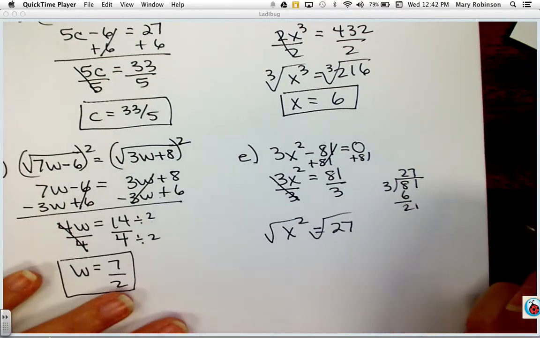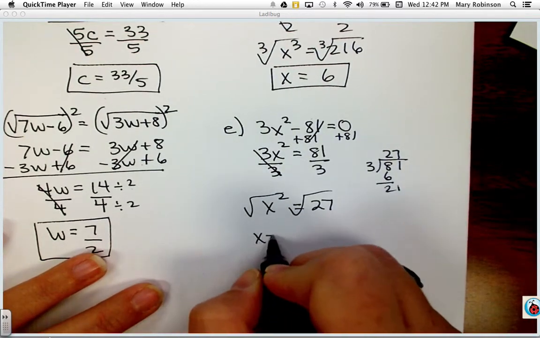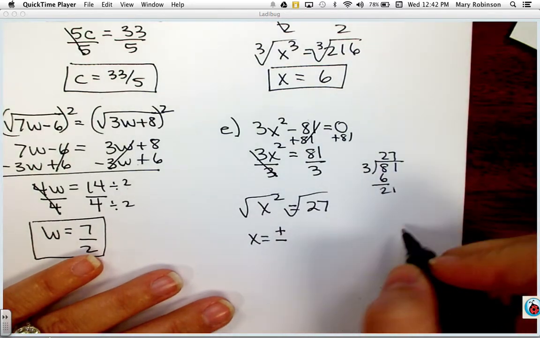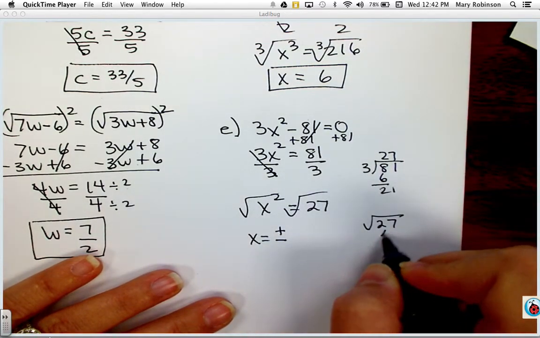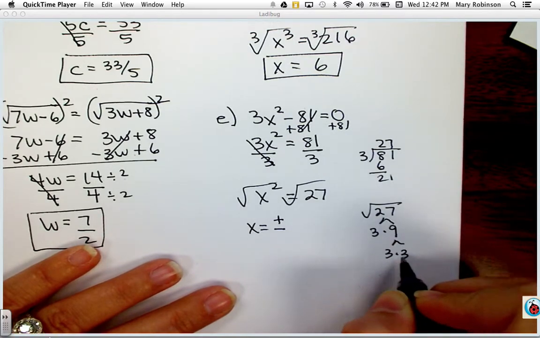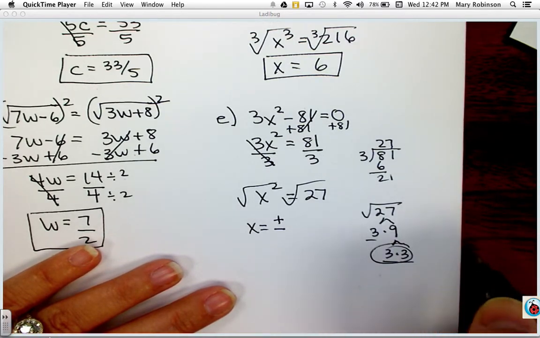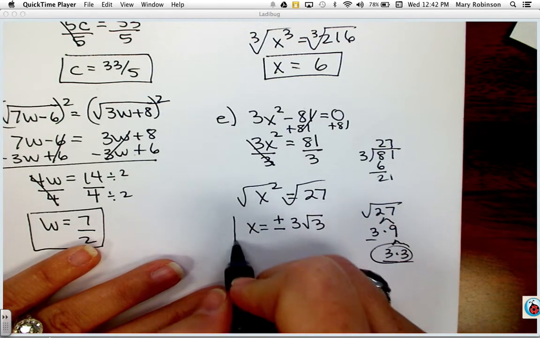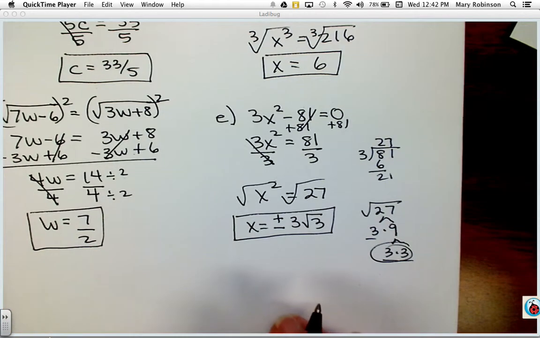We take the square root of both sides, and this is the key here, is to remember that you could have 2 solutions, so we have to have plus or minus. So when we simplify the square root of 27, that breaks down to 3 and 9, which then breaks down to 3 and 3. We have a pair of 3's that comes out, so 3 will remain. So we should have x equals plus or minus 3 square roots of 3.